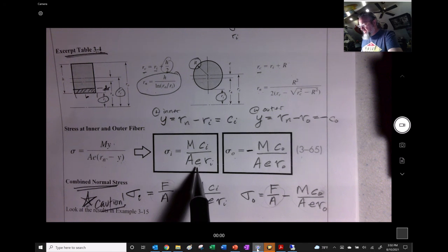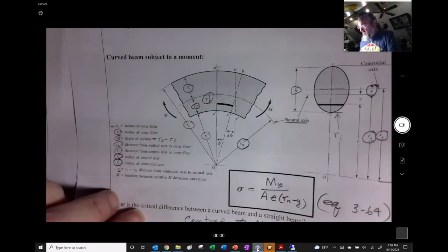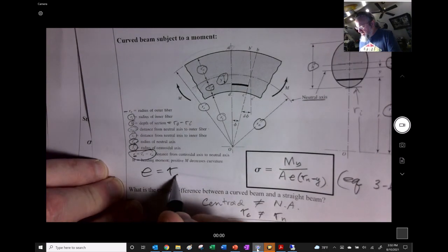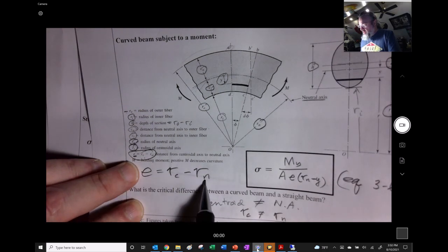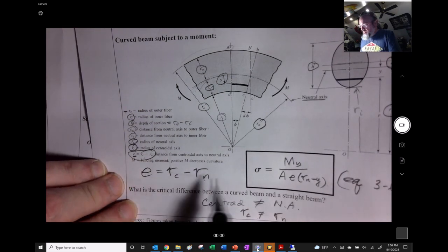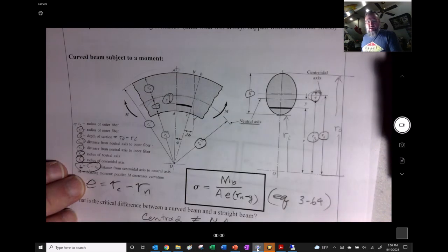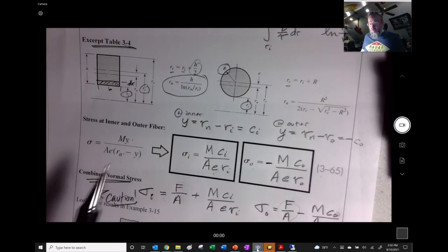So the thing we're actually going to calculate most often is e, which remember is this guy right here. e is equal to the difference between the centroidal radius and the radius to the neutral axis. And that's the important thing, right? That's really the fundamental difference between a curved beam and a non-curved beam. It says e right in there. But we need to find Rn, and we find Rn from going to table 3-4.